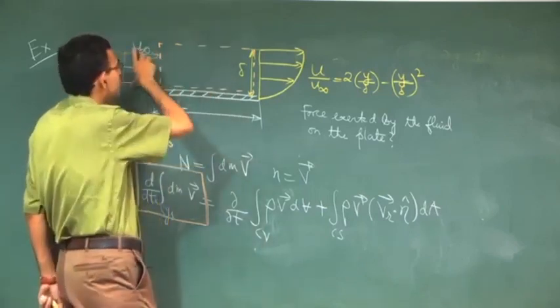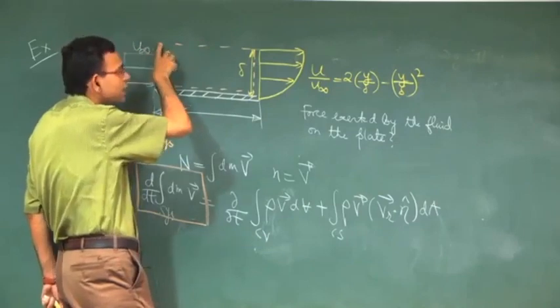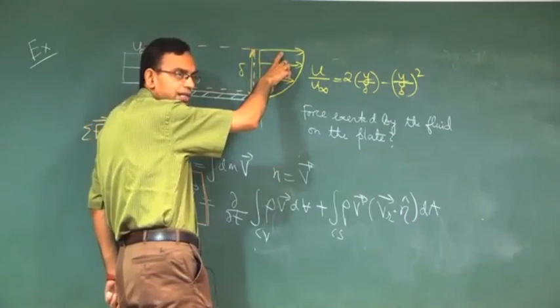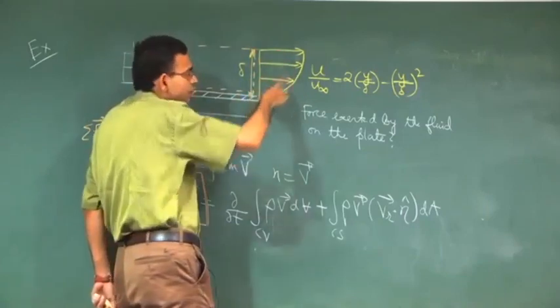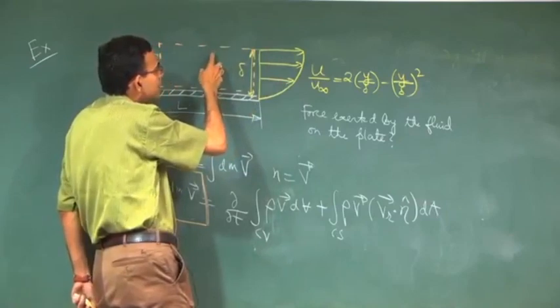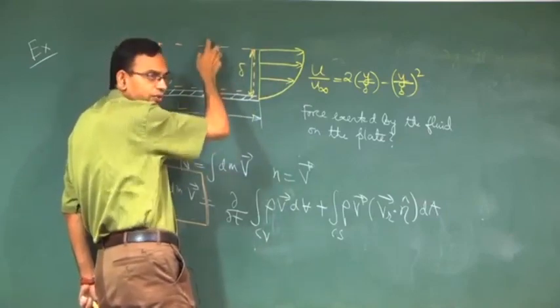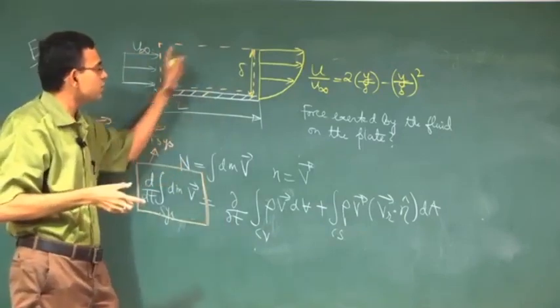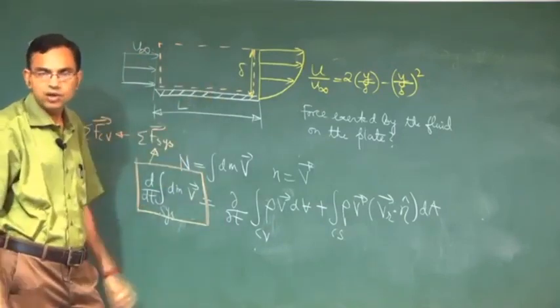The reason is that whatever is the mass coming in here, less than that mass is leaving here because there is a velocity profile. So to make up for that, the remaining mass should go out of this so that total mass is conserved and there is no accumulation if the density is constant.